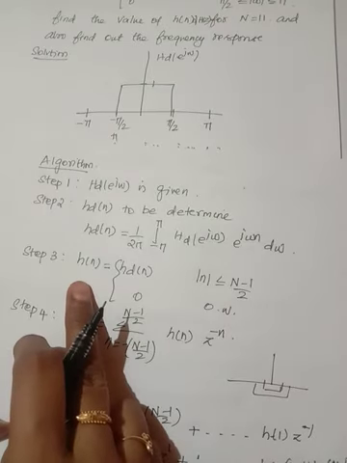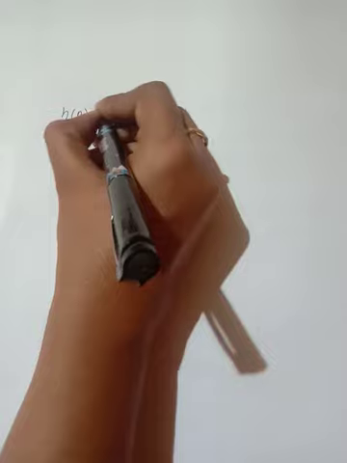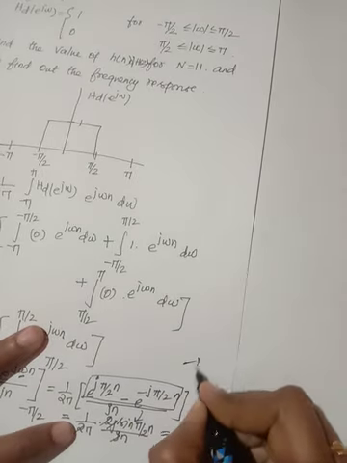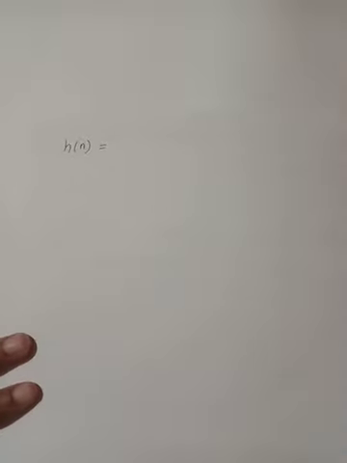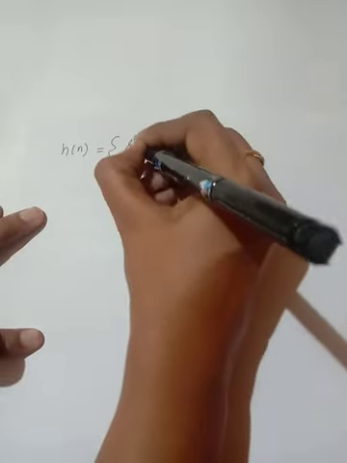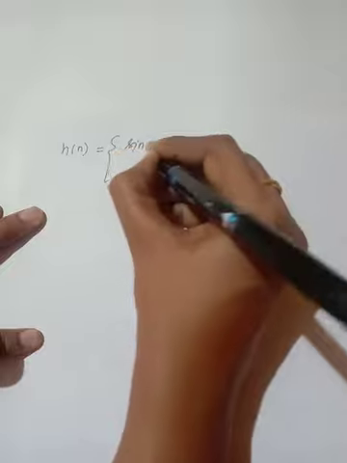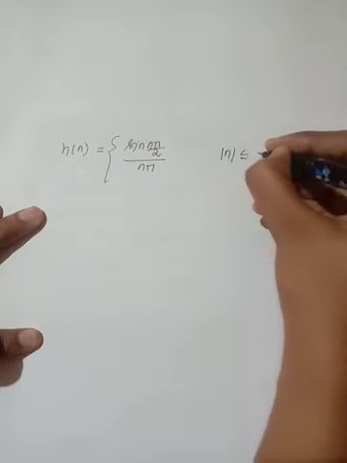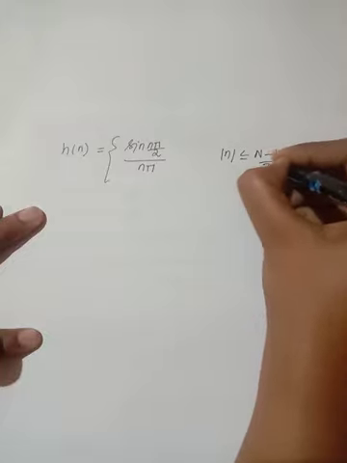What is the next step here? I need to truncate this into a finite series. This is for the infinite range, from minus infinity to plus infinity. Now I am going to truncate this sequence. h of n is equal to sine n pi by 2 divided by n pi, for mod n less than or equal to N minus 1 by 2.